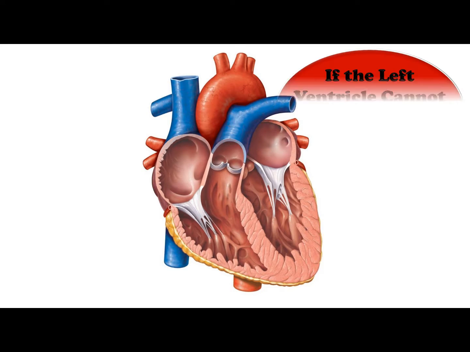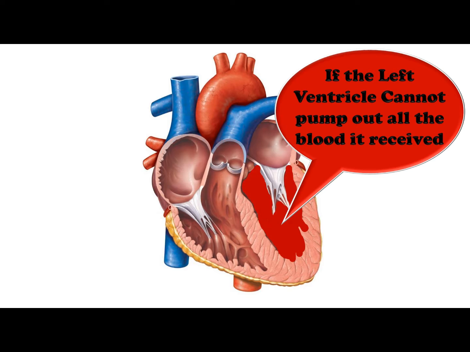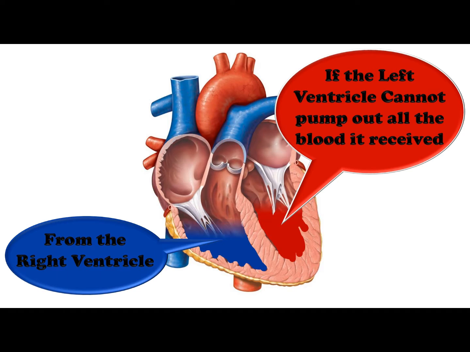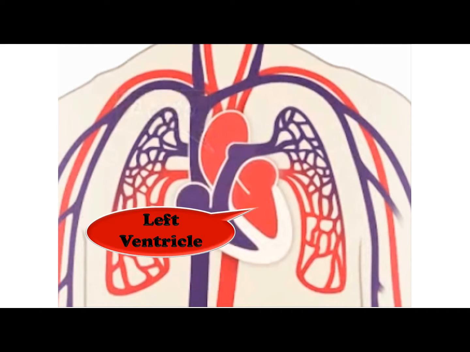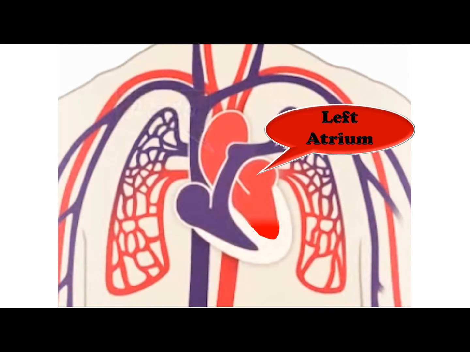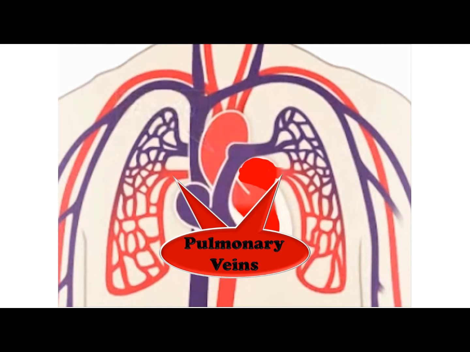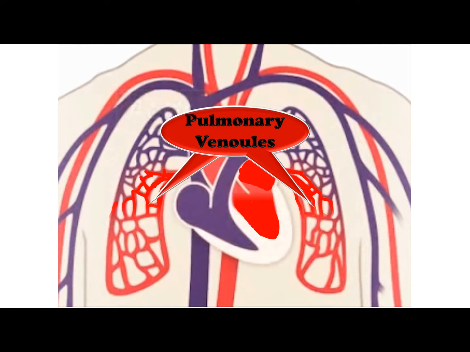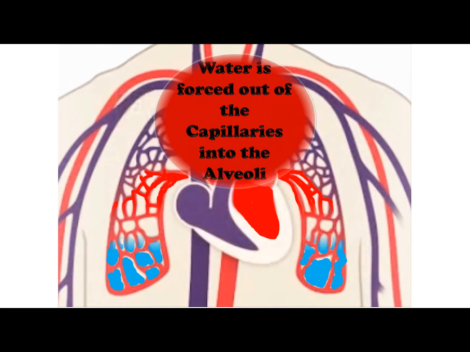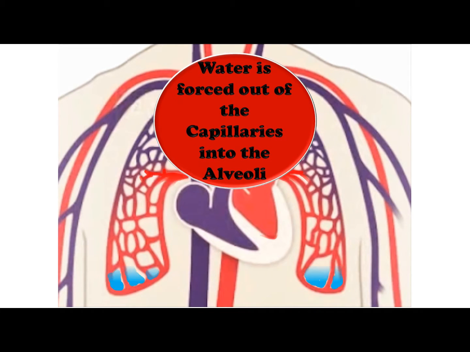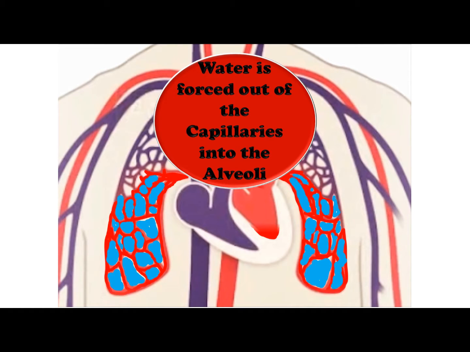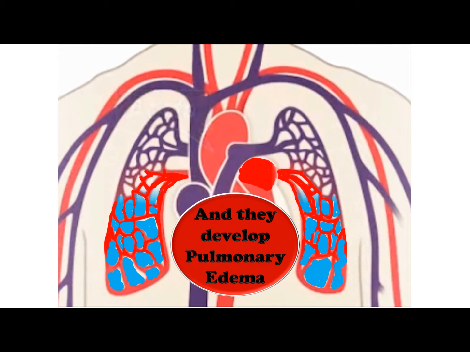If the left ventricle can't pump out all the blood it received from the right ventricle, because that's where it gets the blood, then that blood begins to back up into the left atrium, into the pulmonary veins, into the pulmonary venules, and then into the pulmonary capillaries. And literally, water from the blood gets forced out of the pulmonary capillaries into the alveoli, and you get pulmonary edema. It's that simple.